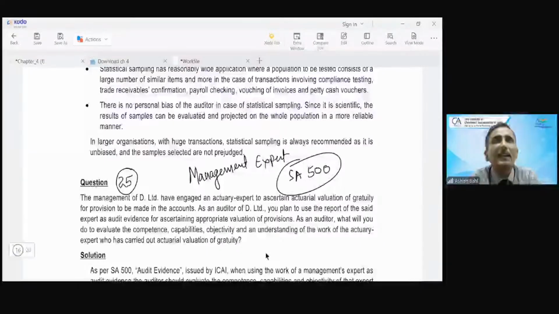How would you assess that his work is useful to you as an auditor? Yes, very simple, common sense. Auditor has to assess many things, isn't it? He has to assess, he has to evaluate, he has to see effect of virtually everything.